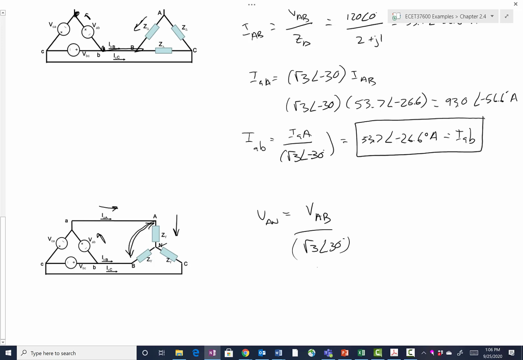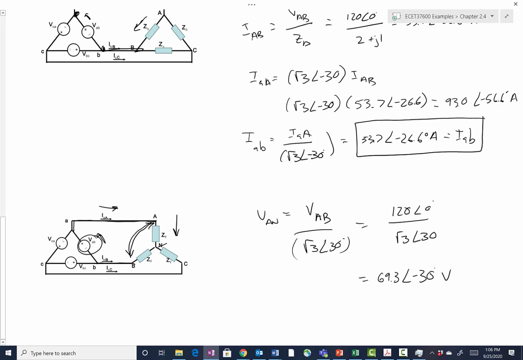And we know that VAB is connected directly across the terminals of that voltage source right there, so that's just 120 angle 0 divided by root 3 angle 30 degrees, so that gives us a value of 69.3 at angle negative 30 degrees volts. So cleaning my little drawing up, that's this voltage right there, VAN.